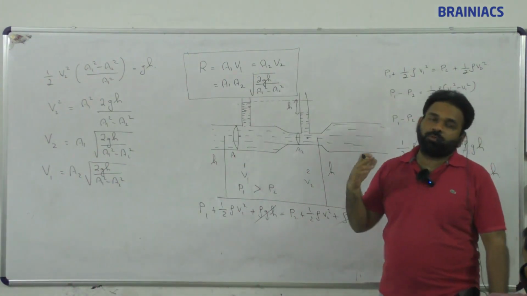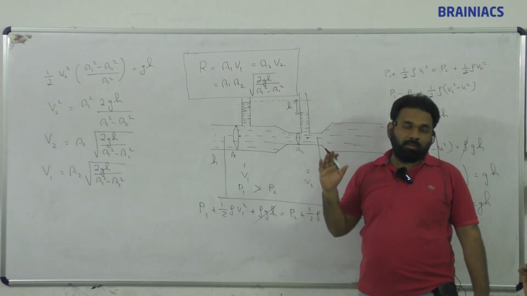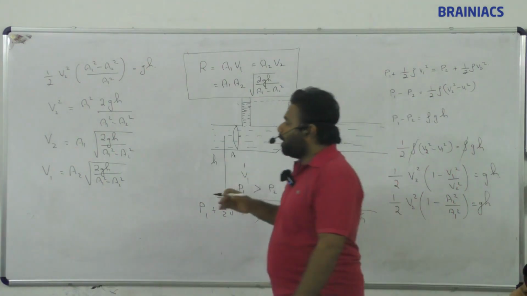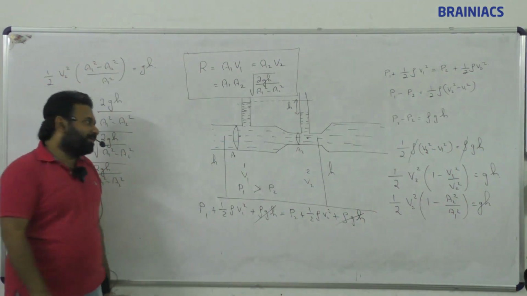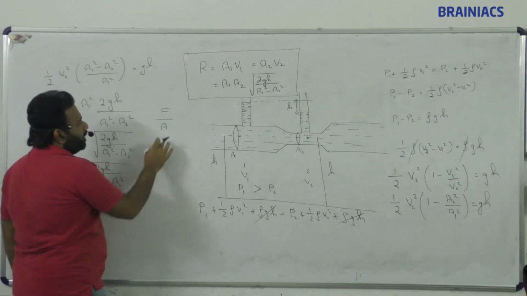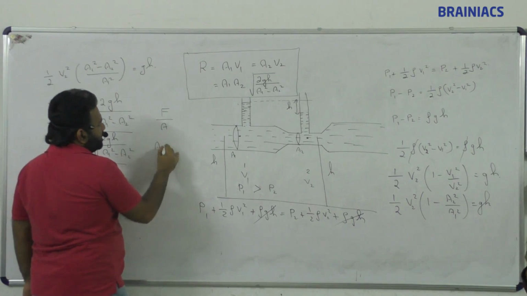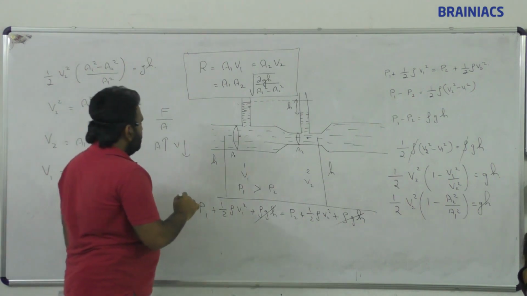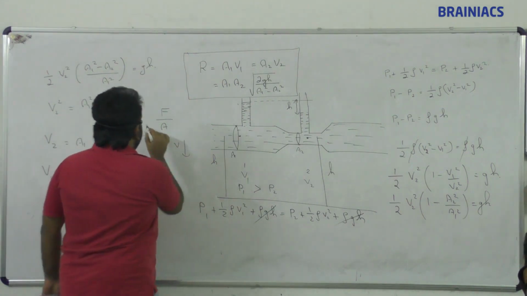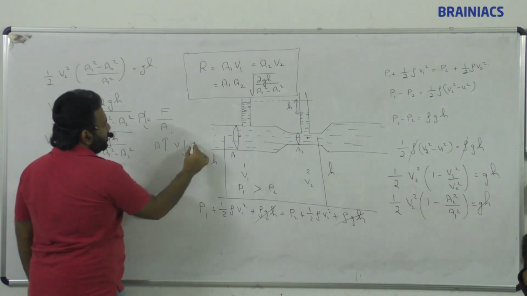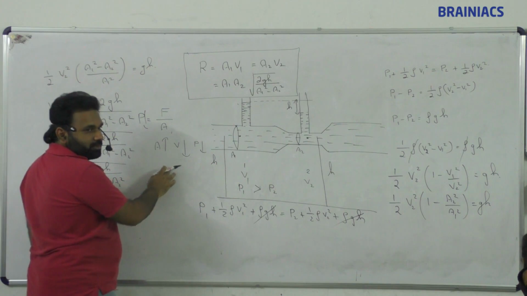If velocity is more, pressure is more or less? Less. Taking F by A, if area is more, velocity will be less. So if area is more, pressure will be less.